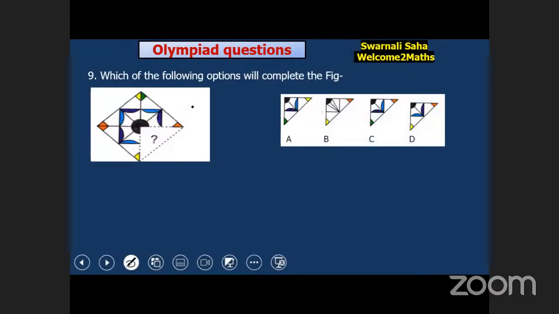Now, this type of question is also very important because it will always come in the Olympiad exam. Which of the following options will complete the figure? You can see the figure. Visual pattern, you got the question.